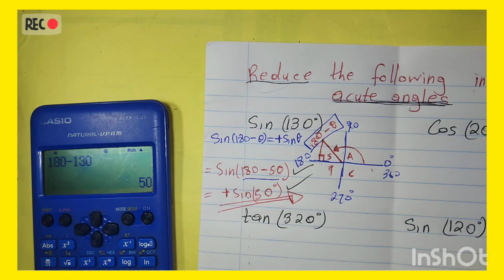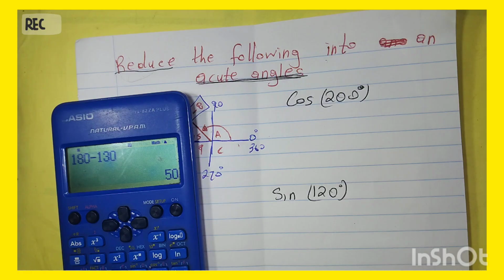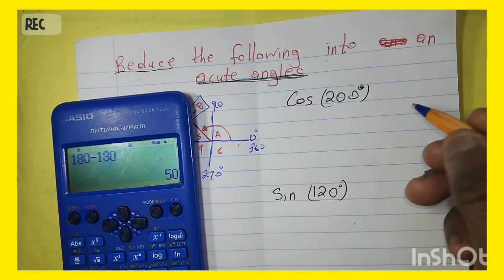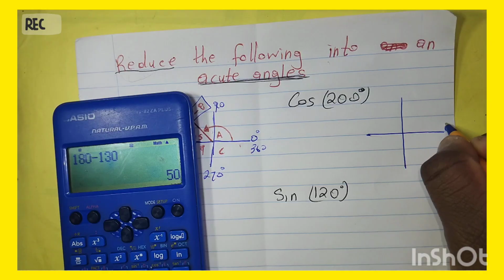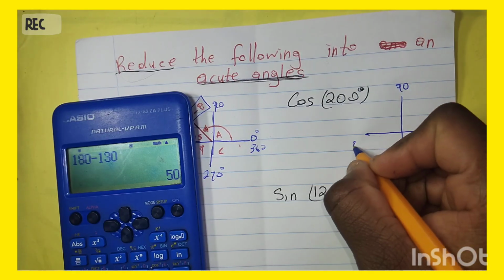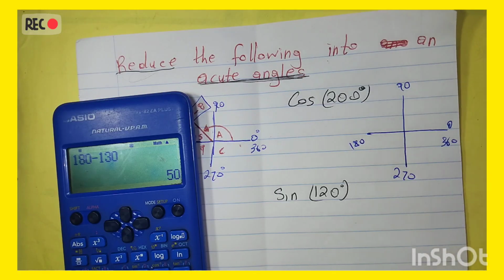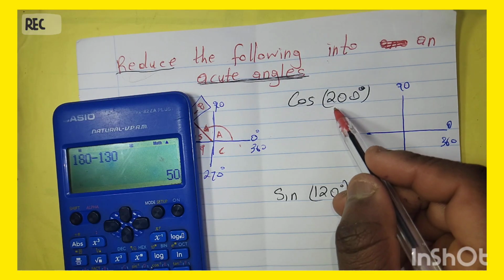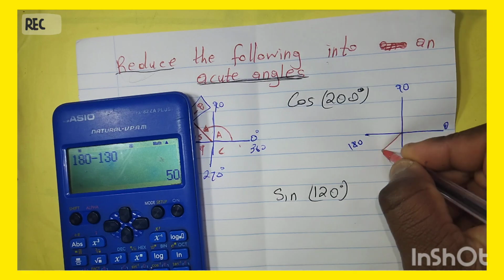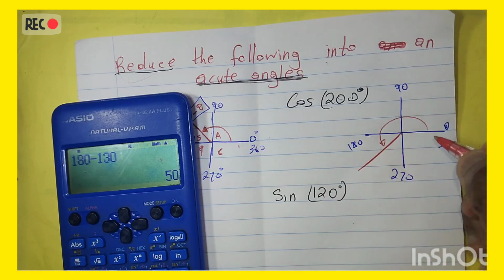So now let me just do the next question, guys. For the next question, we still do one and the same thing. We just start with a Cartesian plane. We know here it's 0, that's 90, that's 180, that's 270, that's 360. And this angle, guys, 200, is on the third quadrant, meaning that I move until there.